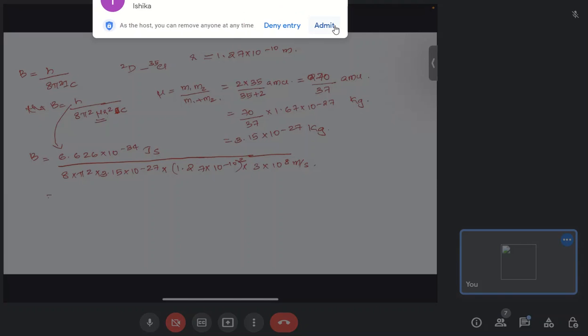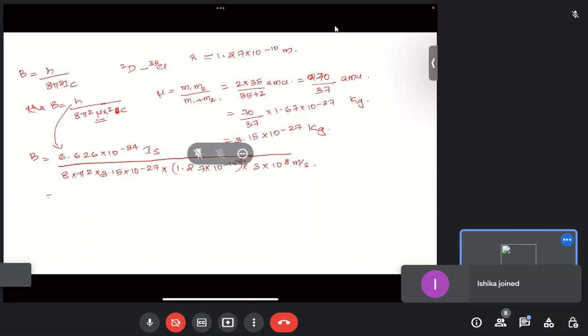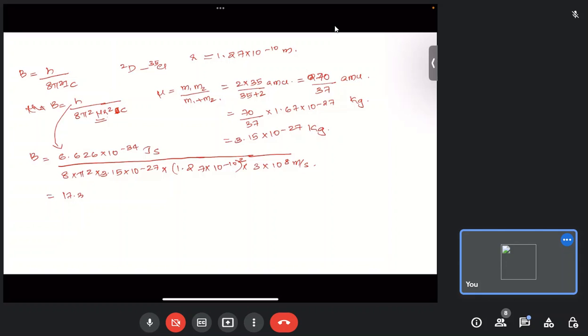This is 17.3 into 10 to the power minus 3 into 10 to the power minus 34 into 10 to the power plus 27, 10 to the power plus 20, because whatever is in the denominator will go to the numerator and it will inverse its power sign.